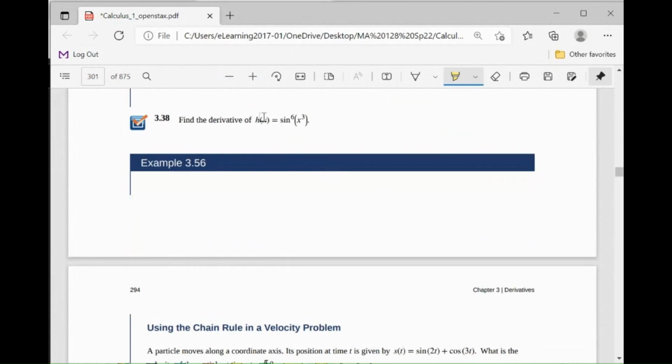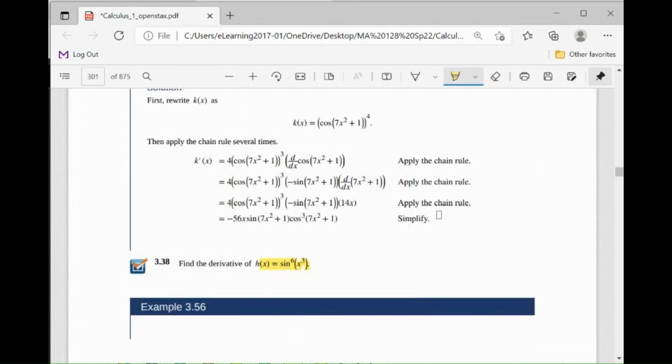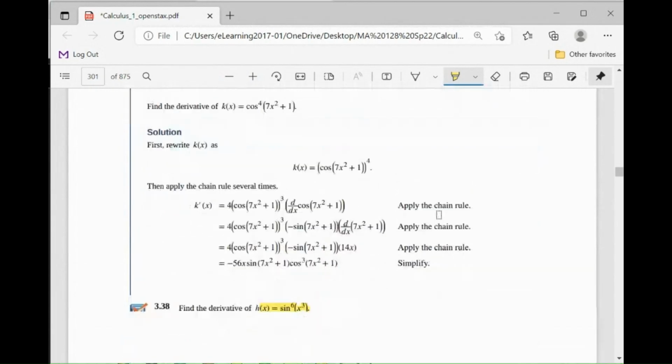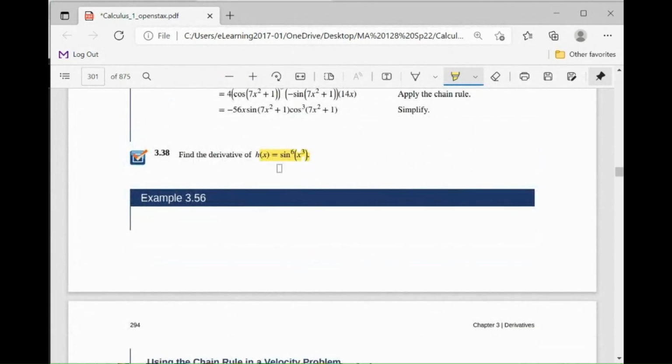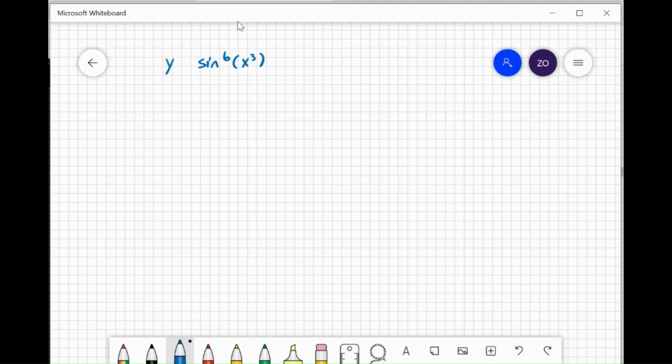Okay, maybe we can look at this problem. This looks nice. Here there is in fact a composition of three functions. Yes, so this is an example: sine to the power 6 of x cubed. Let me copy the question. This is an interesting one where we have in fact three functions, a function inside another function inside another function.